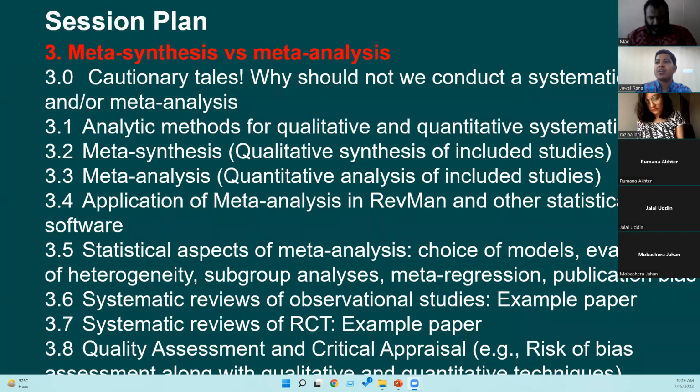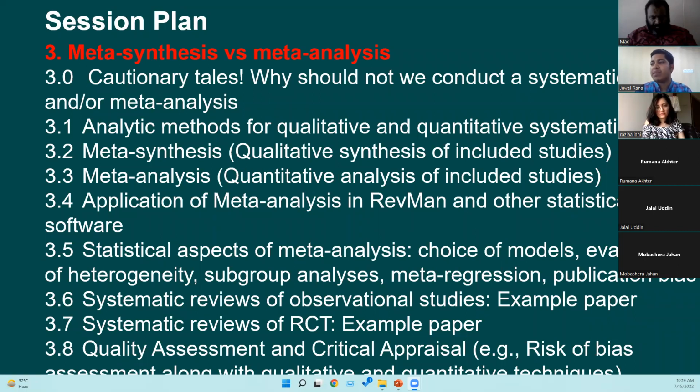So this part will be a whole lot about meta-analysis and how you can do this using available software. We'll be practicing and applying it in Stata software here. And when we are not doing meta-analysis, we'll be doing meta-synthesis. And also for qualitative research, we do some kind of synthesis, and that will also be discussed here.